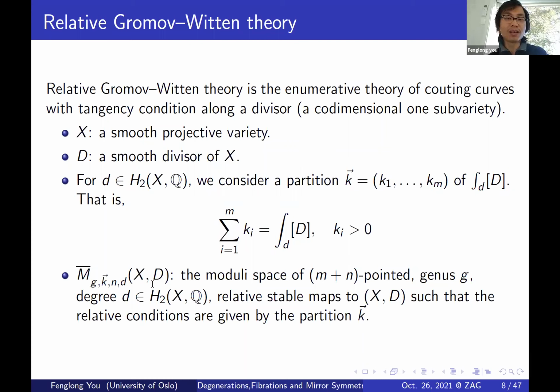So here we have two kinds of markings. We have M plus N markings. The first M markings are relative markings that map to the divisor and encode the tangency conditions, and the last N markings are just regular markings that we saw before in absolute Gromov-Witten theory.